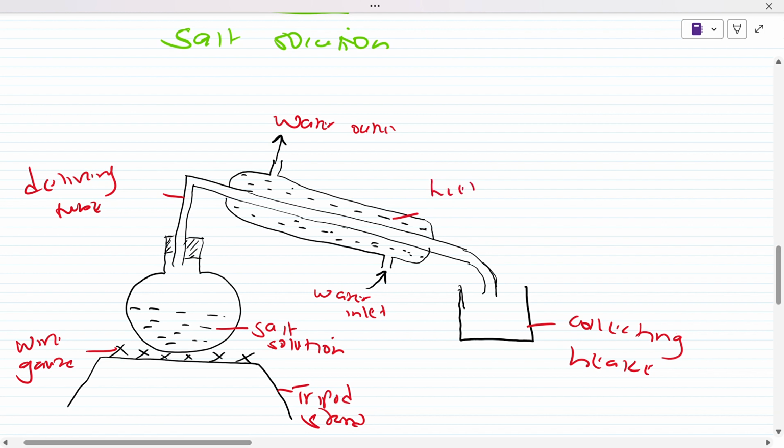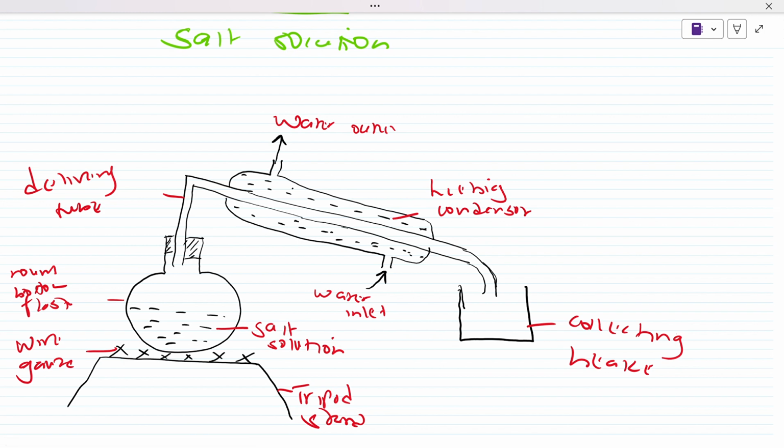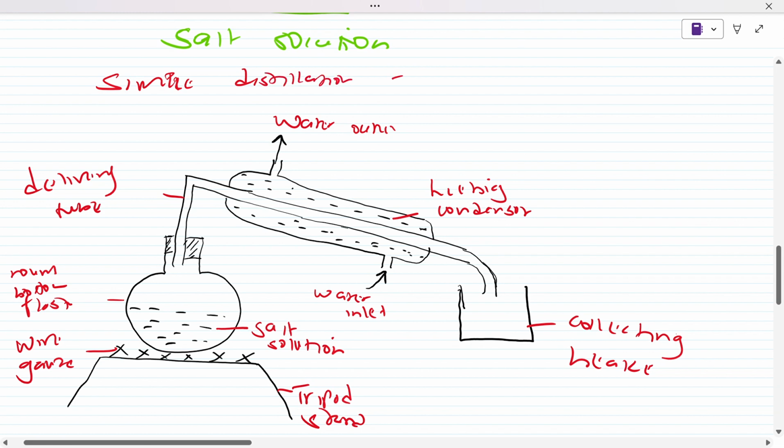It's always called a Liebig condenser, but you can just call it condenser. There's no big deal. Now this is our round bottomed flask. Yes. Now this is the system that we can have whenever we are discussing simple distillation. So I can even give you a heading: simple distillation system.